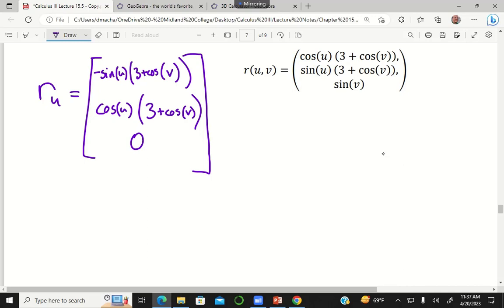Okay. Then I'll take the partial derivative with respect to v. Again, a three-dimensional vector. This time, the partial derivative of x with respect to v is going to be negative sine of v times cosine of u. You're right, cosine of u times negative sine of v.